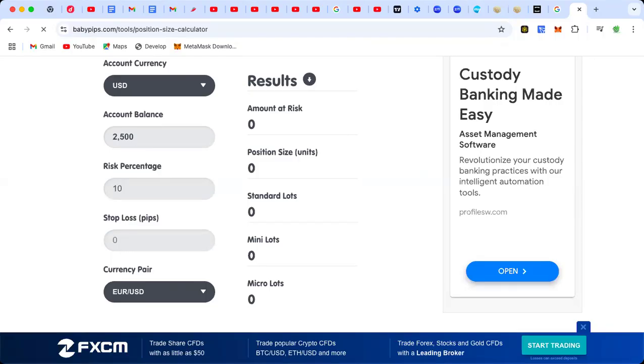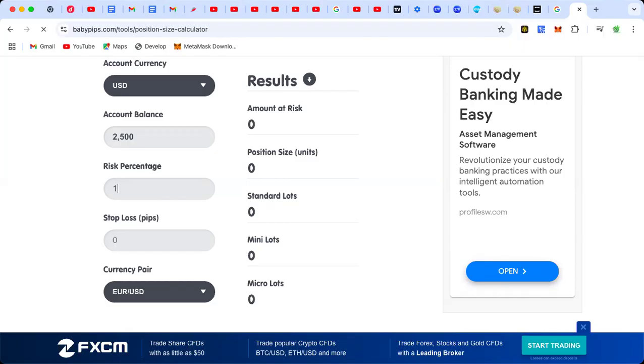Now, how many pips is the lot size? Let's say 7 pips for the stop loss.